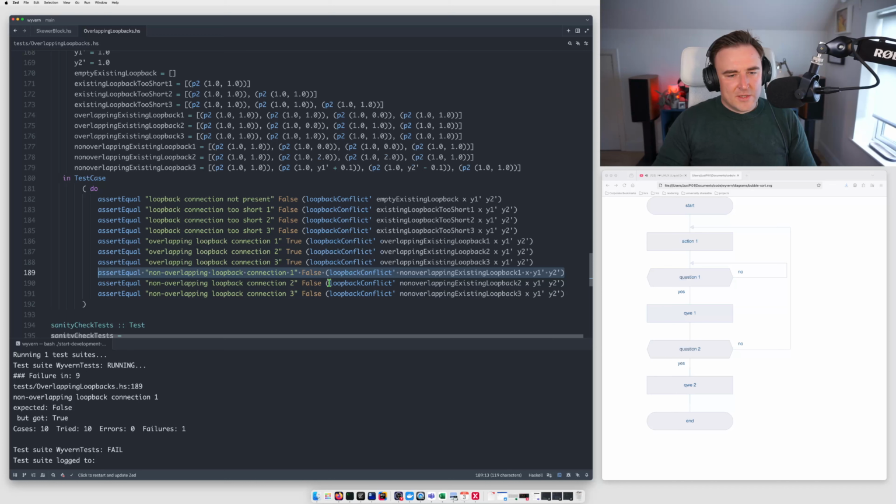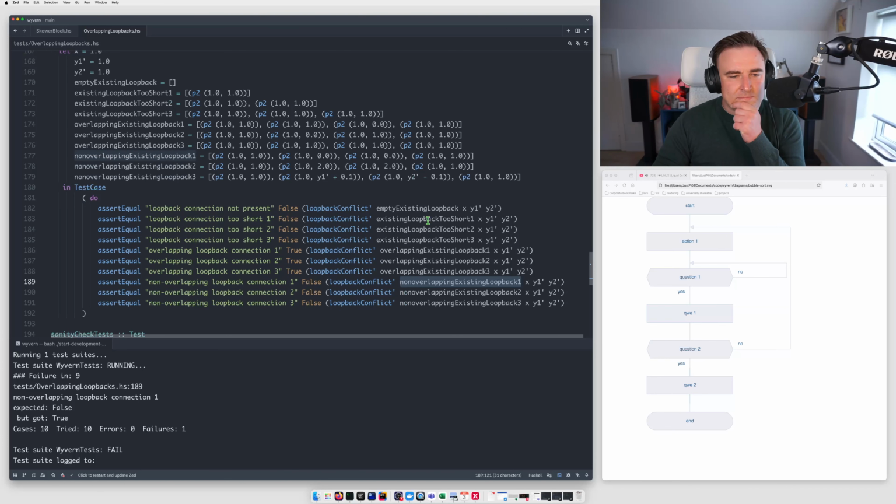Okay. Now, let's see what we have here. Non-overlapping existing loopback 1. We only care about these 2 points. See, so this has not much to do with reality. This is the same point, but let's entertain it.